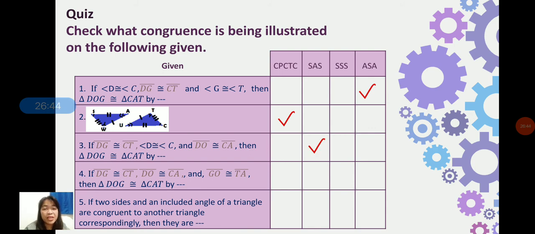Number 3 would be SAS. Number 4 is, yes, SSS. And last, number 5 is SAS. I hope you guys have all answers correctly. Right, Jake? Oh, see? He's excited again.